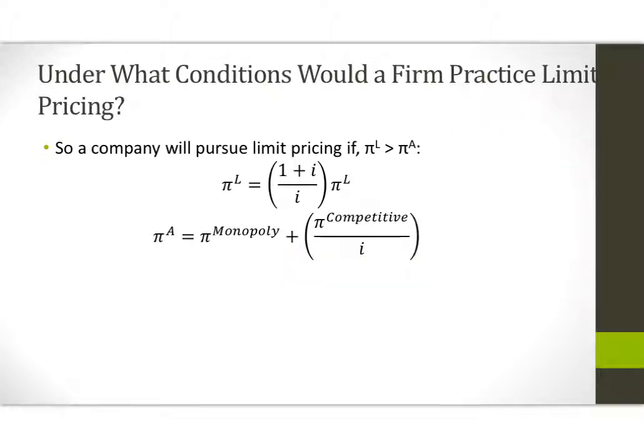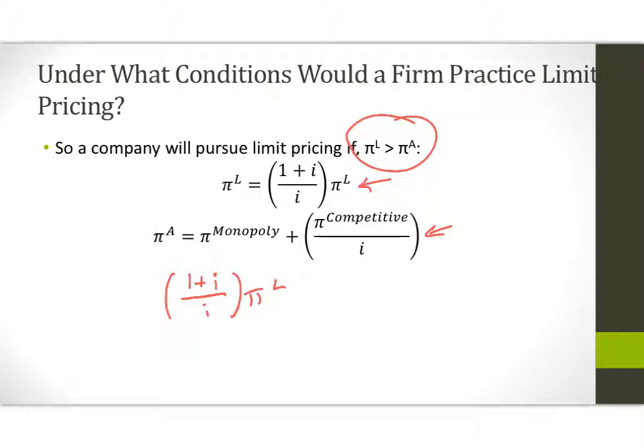If we combine all of these, we can say that a company will pursue limit pricing if the profit they get from limit pricing is greater than the profit they get from accommodating entry. And we've already solved for this and this on the previous slides. So really what we're saying is we need 1 plus I over I times profit limit.